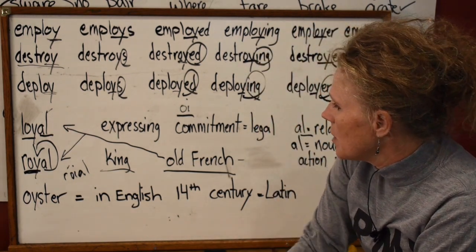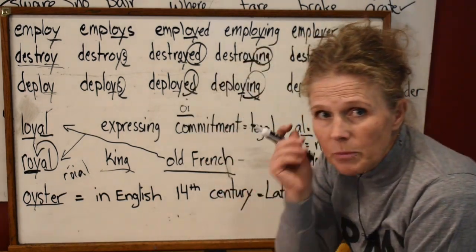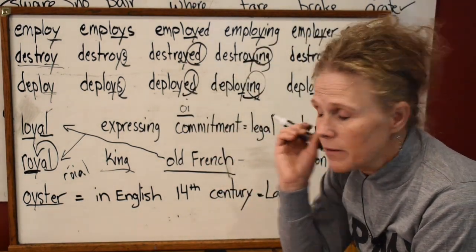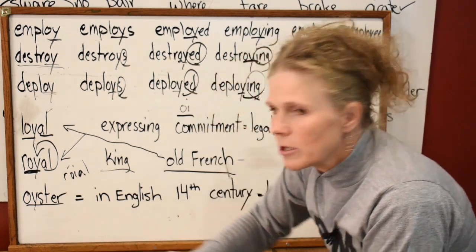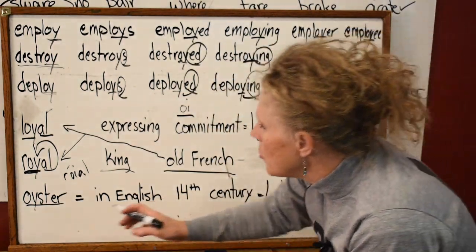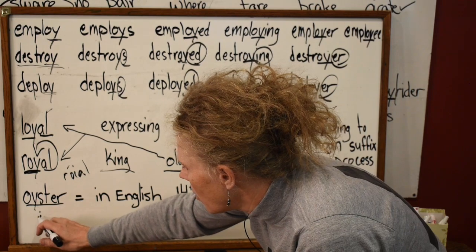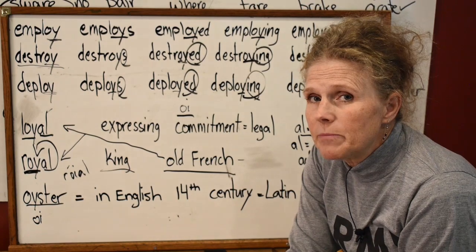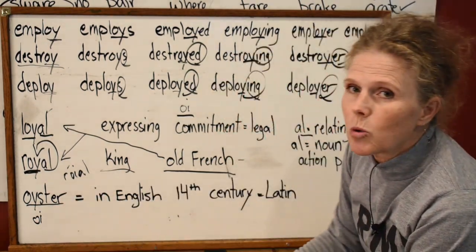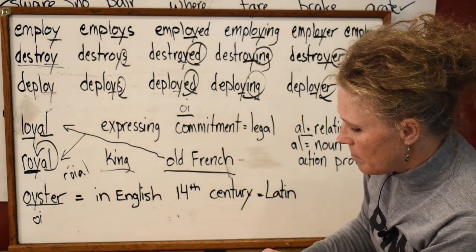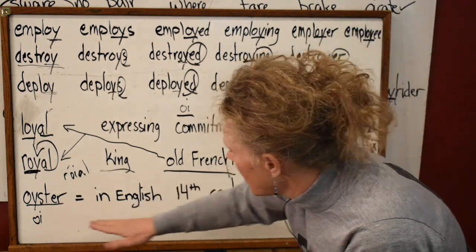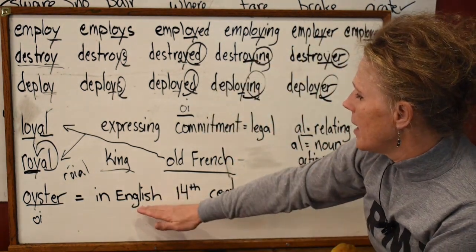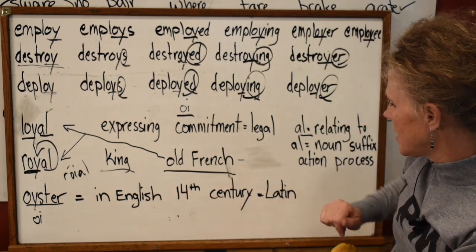Okay? So now this is one of those words, Paul, right here. That might be one of your spelling words, honey. Oyster. You would think it would be O-I-S-T-E-R. That's how you would think you would spell this word. This is one of those weird words that there's no reason except it showed up in English in the 14th century.